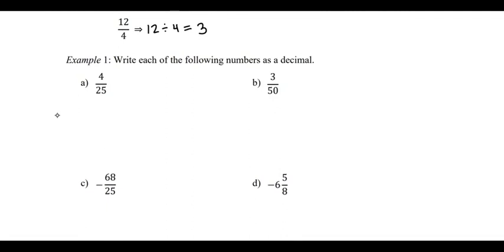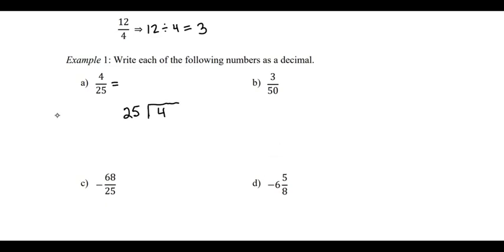Example 1, we have 4 divided by 25. So we're going to set it up as a long division. So this is going to be our answer, and let me go ahead and set up the long division right here. So I have a 4 and I have 25. All right.